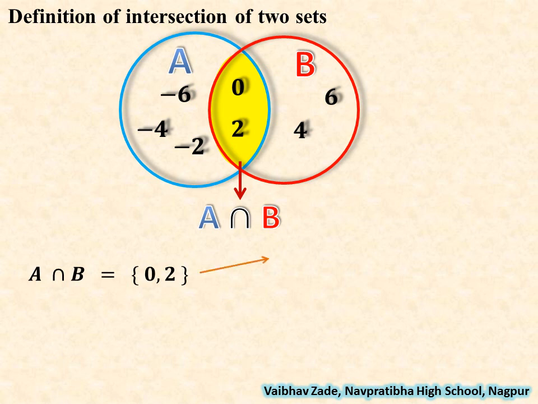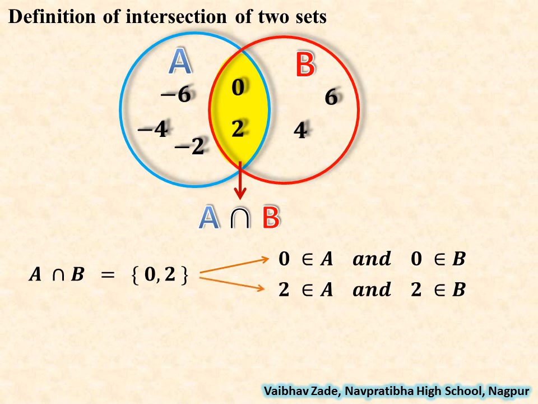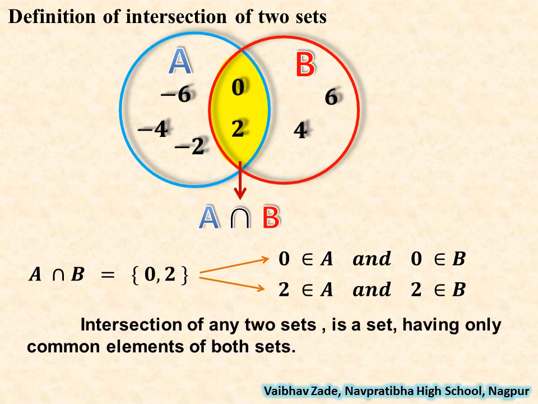Here 0 is already an element of A as well as an element of set B, and 2 is already an element of set A and an element of set B. As we know, the intersection of any two sets is a set having only the common elements of both sets.